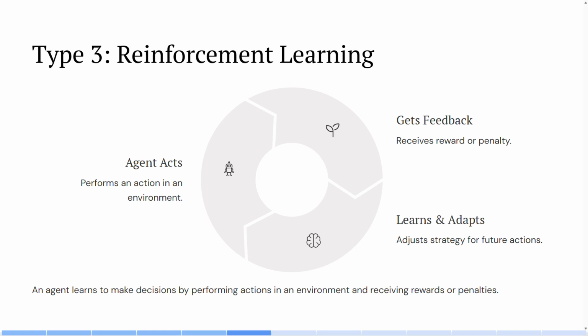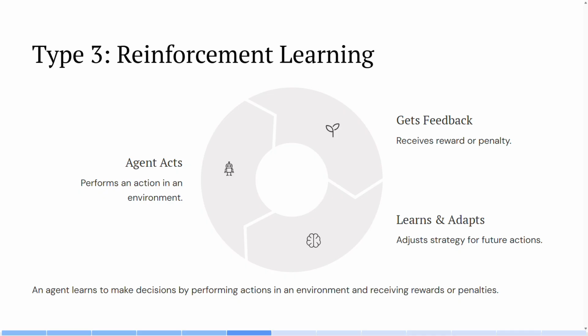Now the third and final category of learning is reinforcement learning. This learning is by trial and error. Like training a dog with treats, the algorithm tries actions and gets rewards for good ones and penalties for bad ones, and learns the best strategies over time.